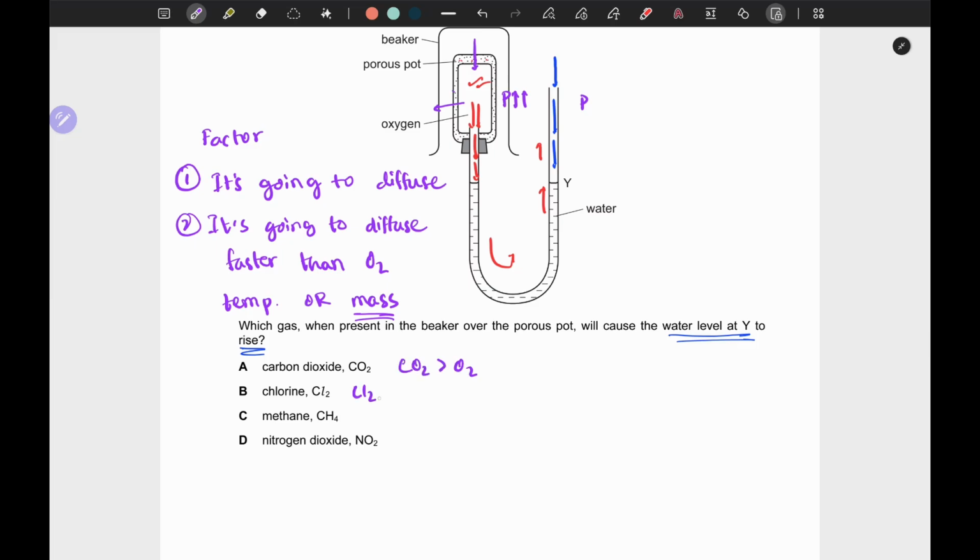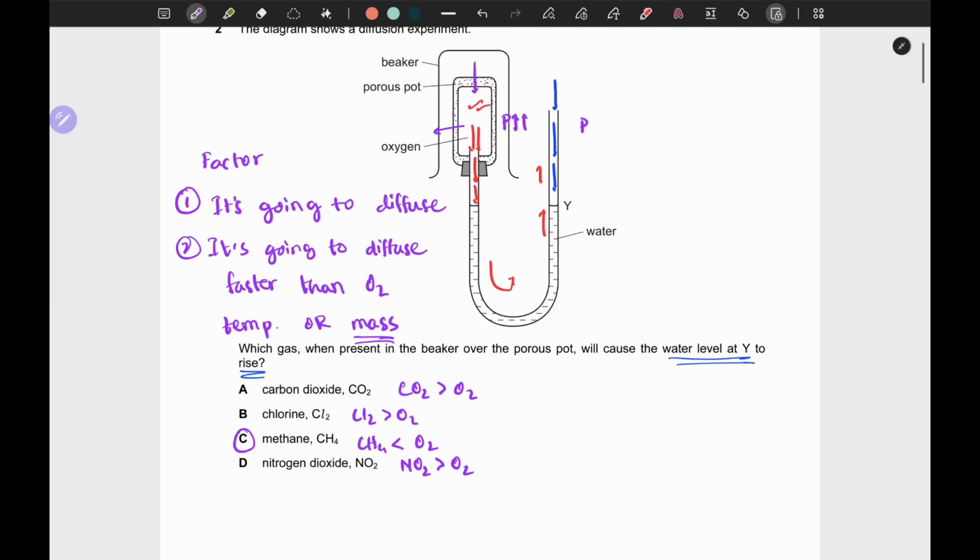Cl2 will also have a mass greater than oxygen. NO2 will also have a mass greater than oxygen. And only CH4, methane, is the gas that has a mass less than oxygen. So since it has a lower mass than oxygen, this will diffuse in faster. As a result, the answer for this question is going to be C, methane.